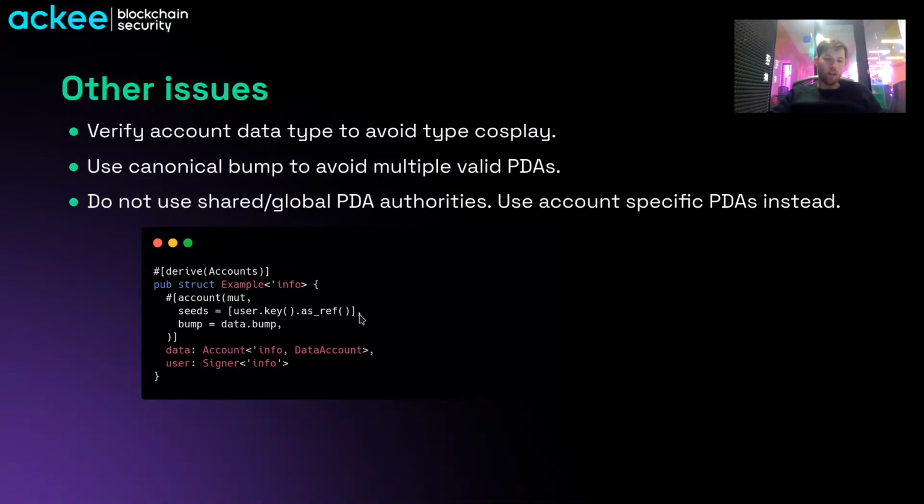So you should never have a global PDA account that gives authority to deal with data from other users. Of course, there might be or there are some use cases, but general practice is to avoid this.